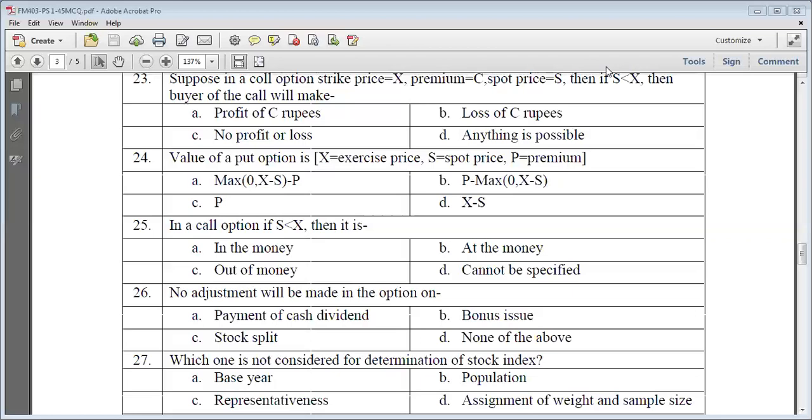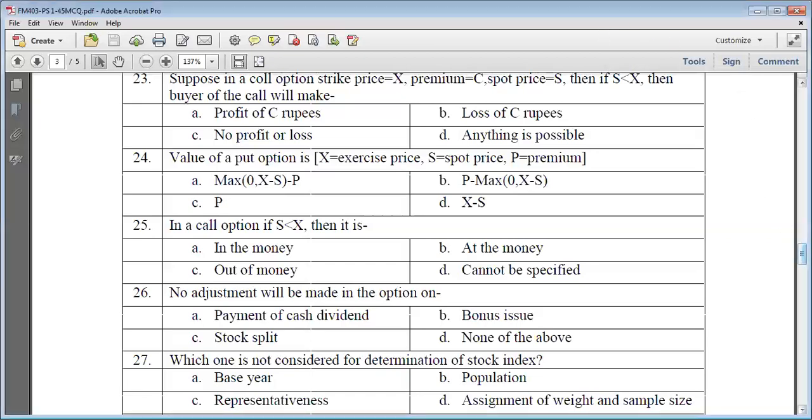So for 26, the correct option will be A. Bonus issue and stock split are two issues which will actually change the nominal value of the underlying asset. So some adjustment will be automatically needed.